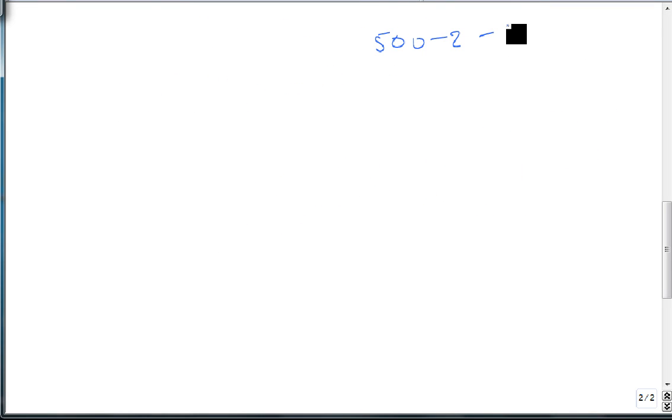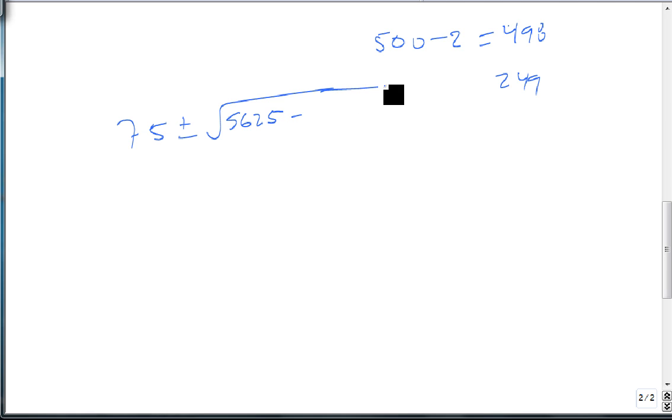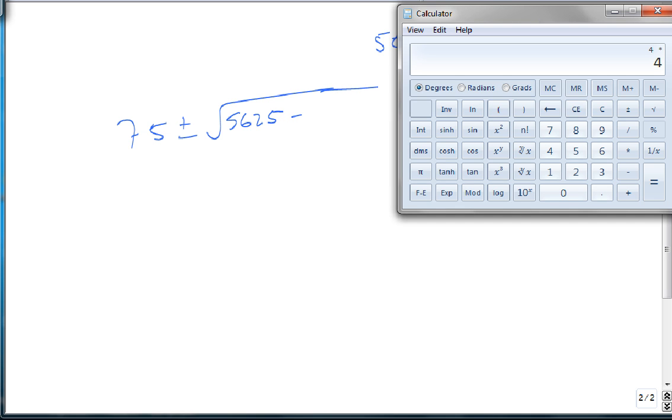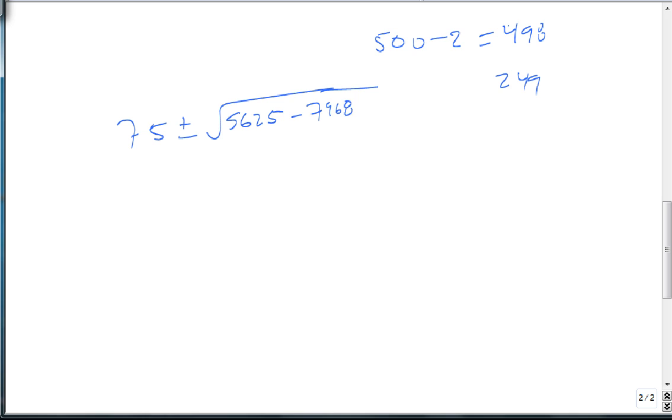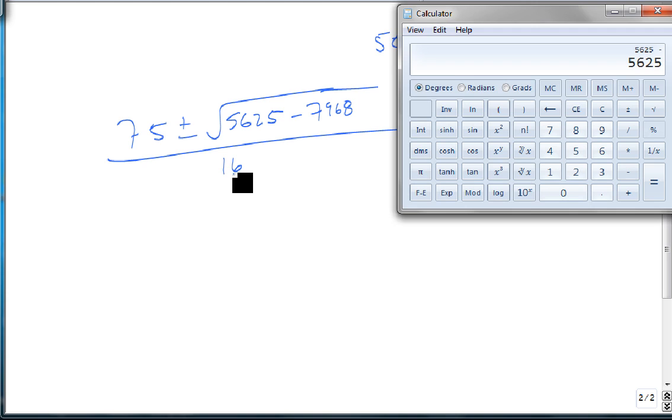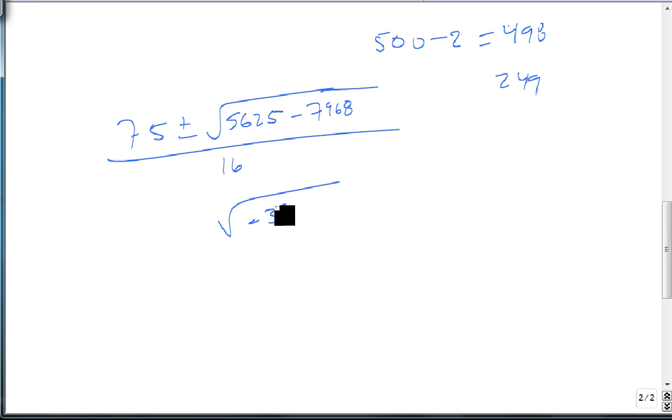One final one, if we look at this in relation to 500 feet, 500 minus 2 is 498. 498 divided by 2 is 249. So we get 75 plus or minus the square root of 5625 minus 4 times 8 times 249, which is 7968, all over 16. 5625 minus 7968 is negative 2343 underneath the radical.